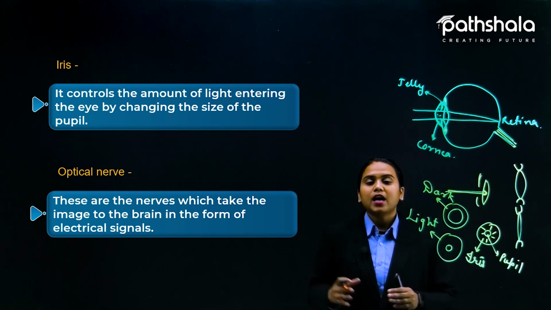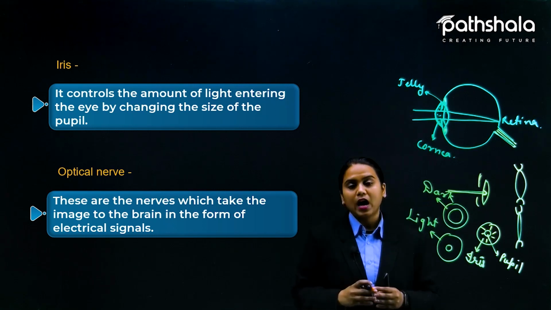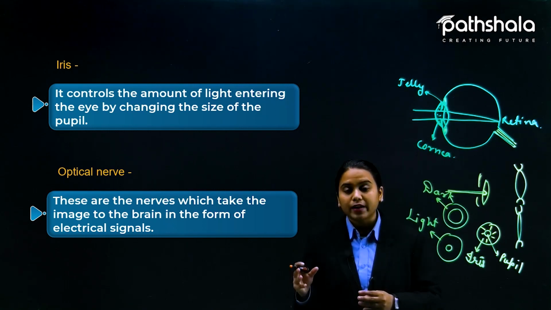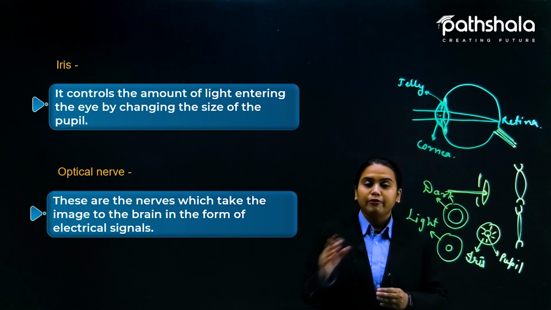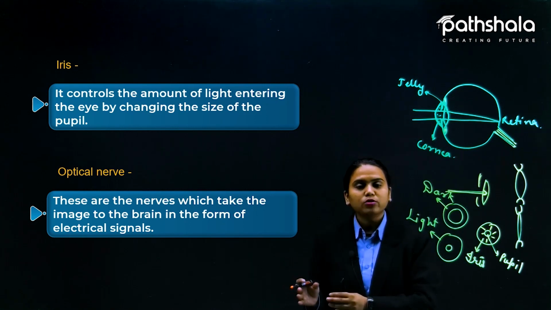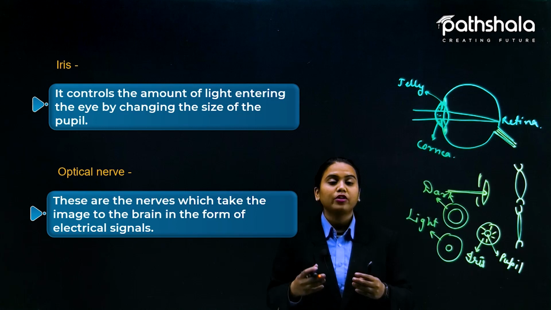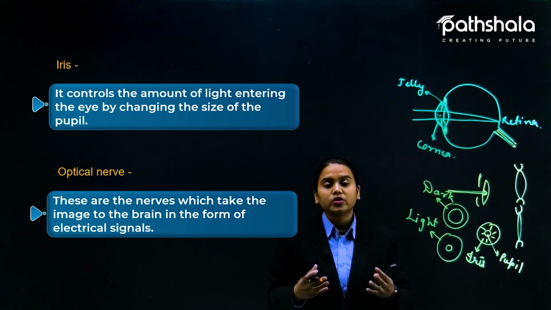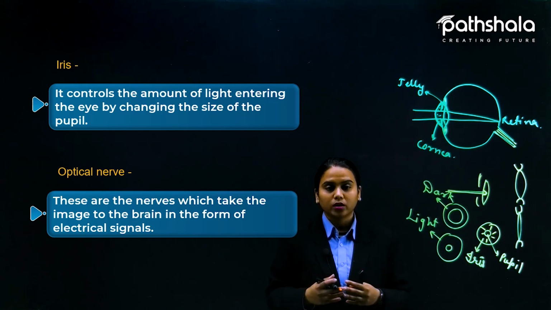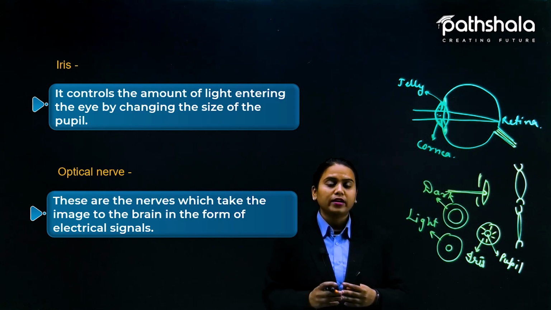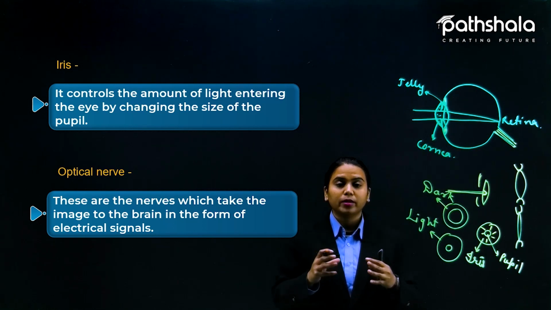Okay, so these are all the parts of the human eye. I hope you understand them very well, because these are very useful for your exams, but also you must have the knowledge of what your body structure actually is and how it works. So remember all these points and keep focusing on the main areas.